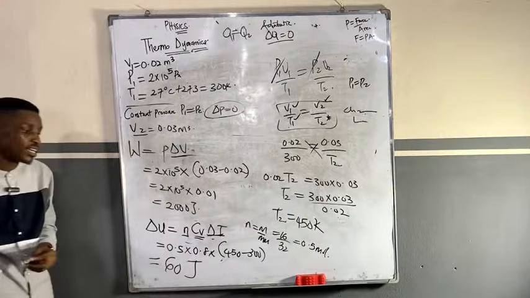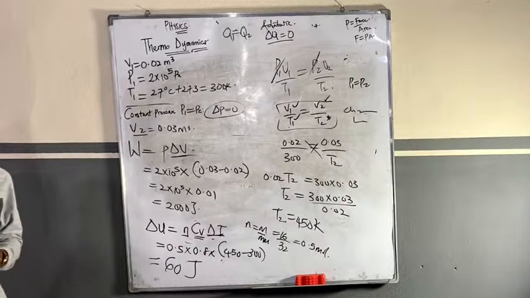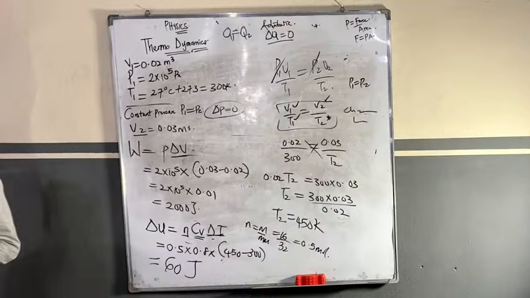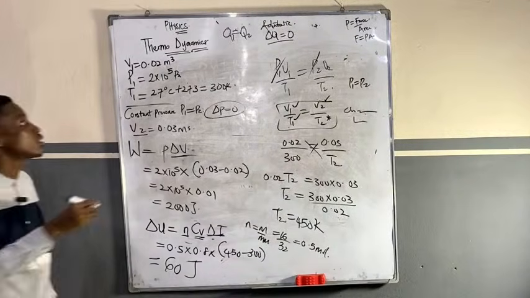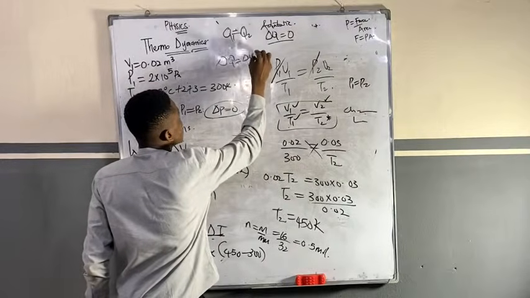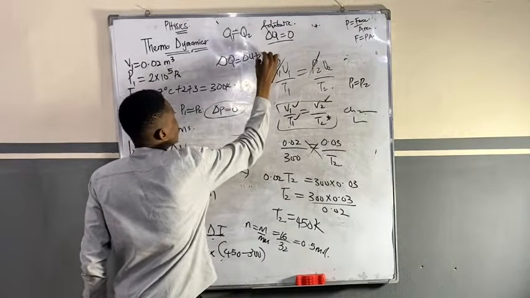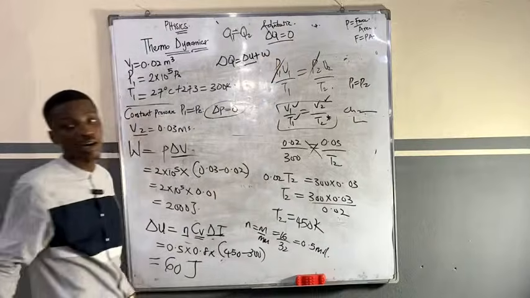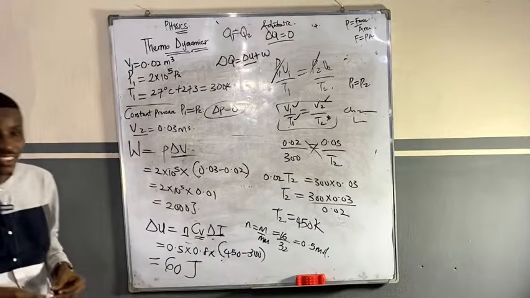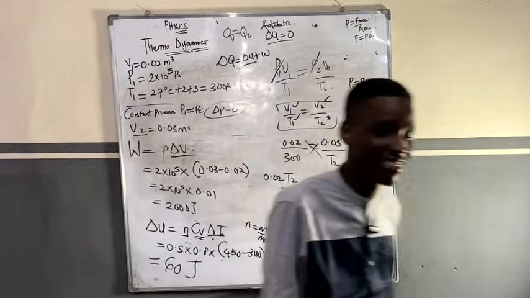Joules. So this is your final answer. What if in this same question, they ask you for the change in heat in this system? What will be your answer? Change in Q is change in U plus W. So that will be 2000 plus 60. What will be your answer? 2060.